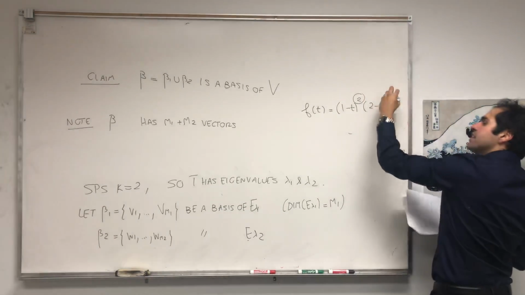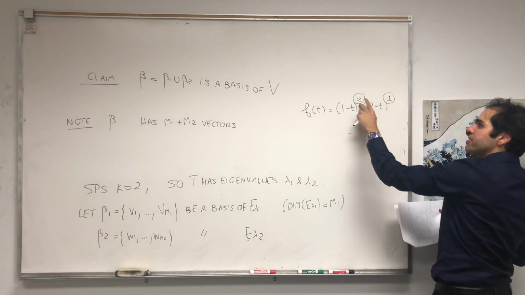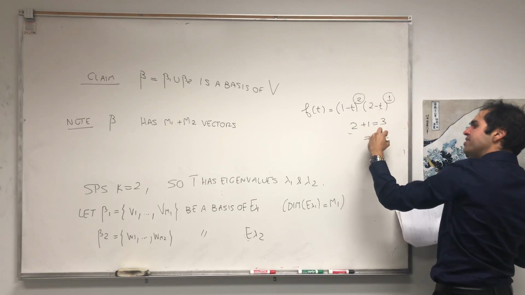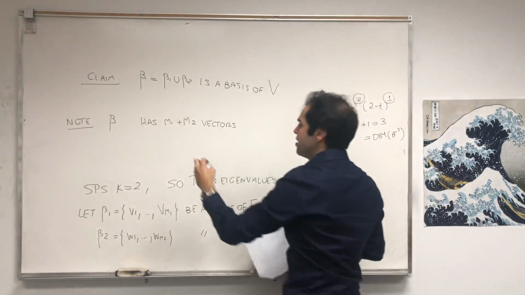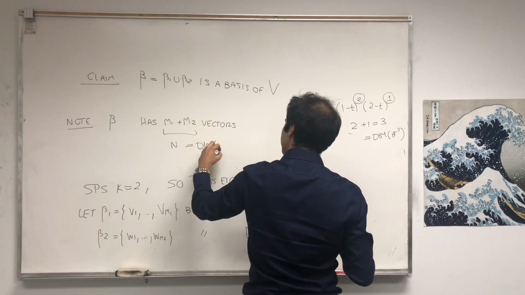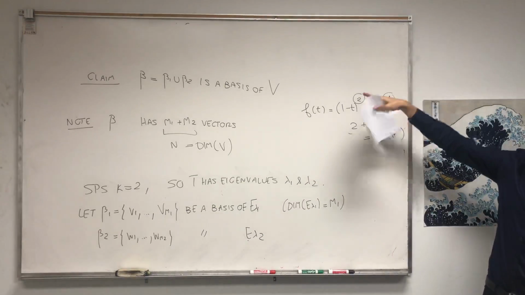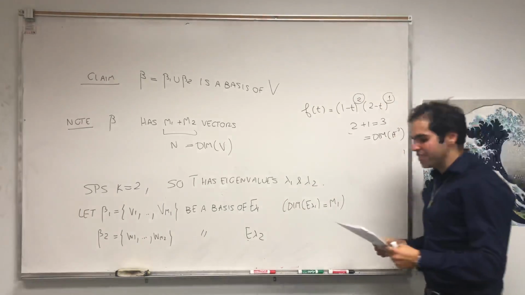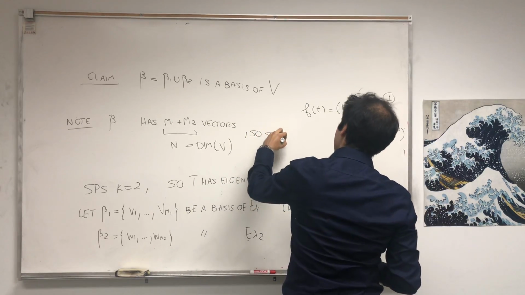If you add the powers, you get 2 plus 1, which is 3, precisely the dimension of R3 or F3. So this thing has n vectors, where n is the dimension of your vector space. If you have a linearly independent set with n vectors, then you get a basis. So all we need to show is that beta is linearly independent.